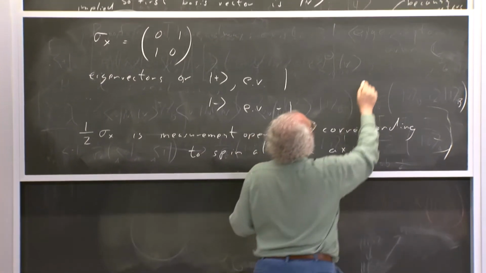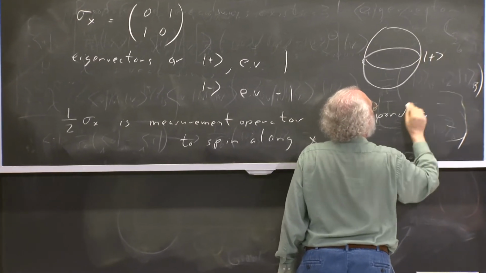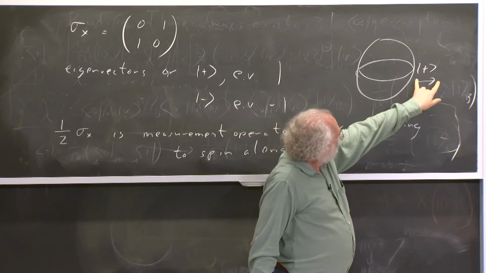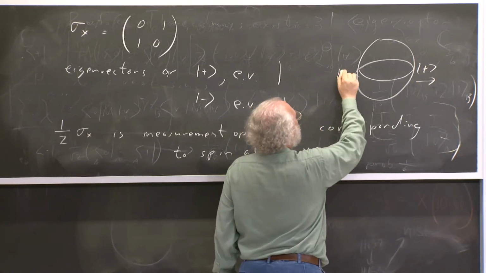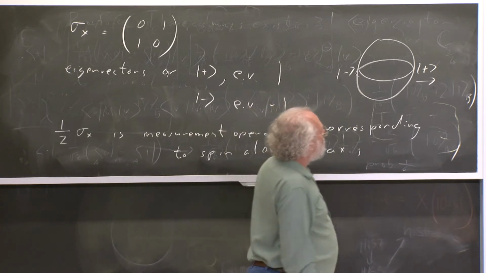So let's draw the Bloch sphere. Plus is spin 1/2 along the x-axis, and minus is spin minus 1/2 along the x-axis.